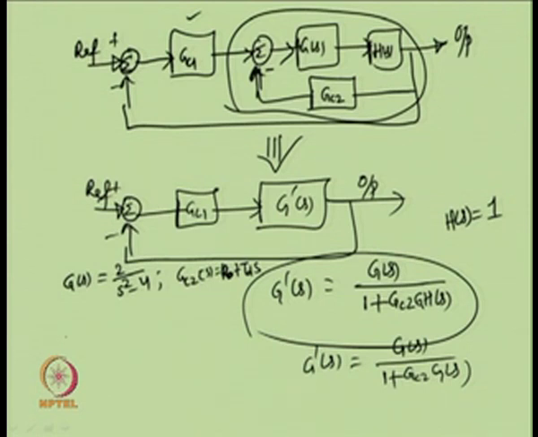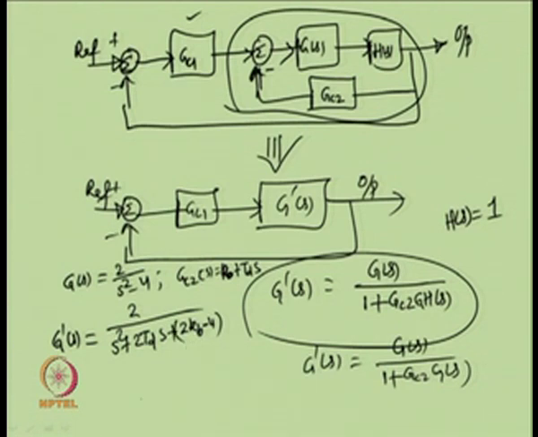Then that will give us the inner loop as G dash s equal to, finally, 2 upon s square plus 2 TDs plus 2 KB minus 4.